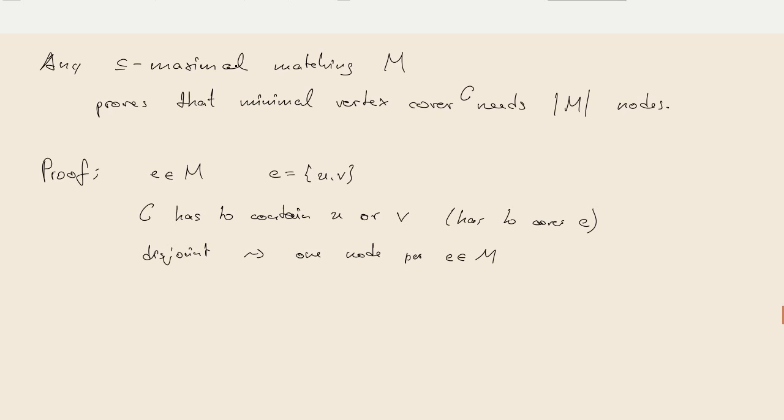The point is that we just get more interesting lower bounds if we use these. At this point, we can leave it out. It's just any matching gives a lower bound on the vertex cover size.